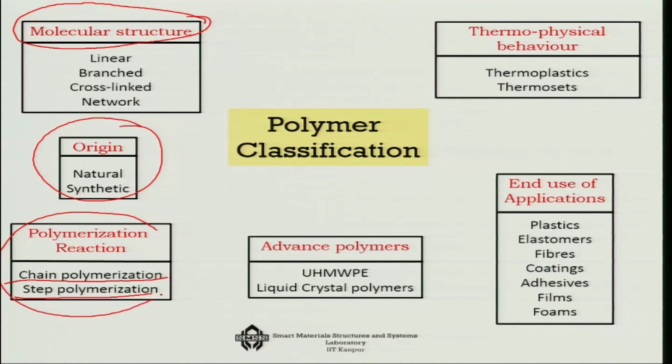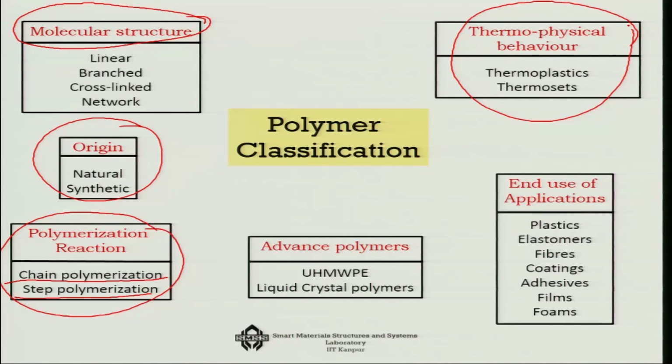Then from the thermo-physical behavior point of view, we generally classify the polymers into two groups. One is the so called tacky polymers, which you can give many kinds of forms. That is thermoplastics, and the other group which with respect to temperature you can give a set form, that is the thermosets. So that is another way of classifying the polymers.